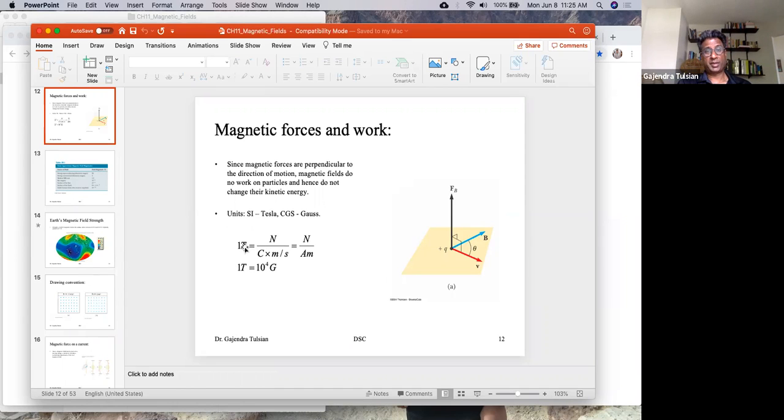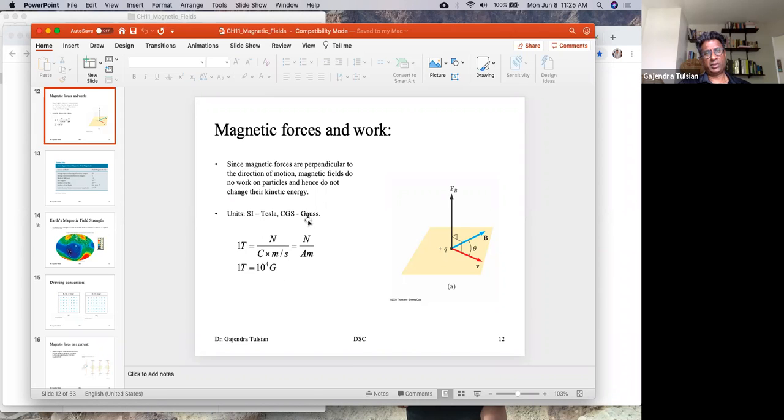Tesla is a very strong magnetic field. The strongest magnetic fields we've made are about 100 Tesla, and these are in high magnetic field national labs. The Earth's magnetic field is about 1/10,000th of a Tesla.